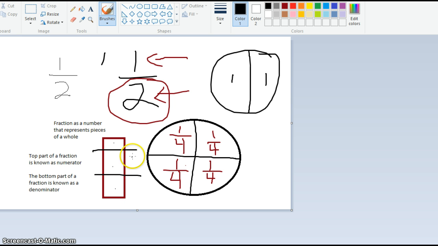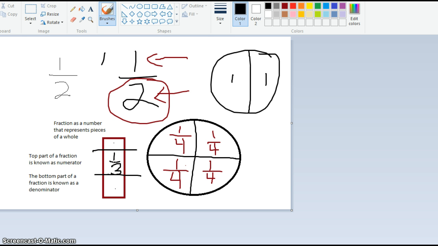Each of these pieces can be represented as a third. Why a third? Because it's one single piece that I'm talking about, and more importantly, the number at the bottom represents the total number of pieces that make up the whole. In this case, 1, 2, and 3. We can look at a fraction as being a representation of a piece of a whole.